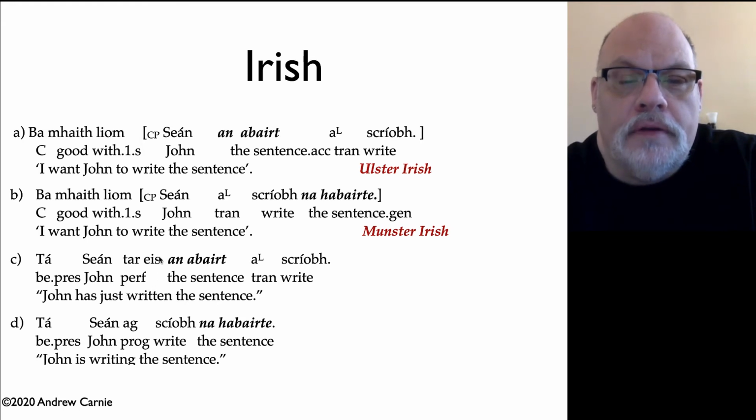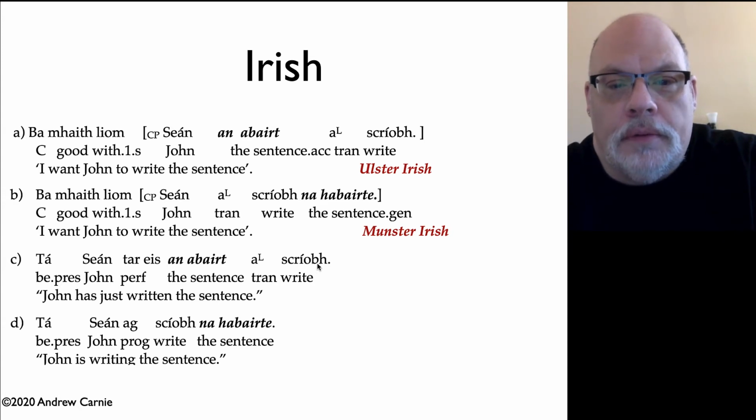This perfect marker is what's known as the after perfect. It means roughly "has just." We don't have that aspect in English, at least in most standard dialects of English. But what's critical for us is we have the object, and the object appears before the verb.